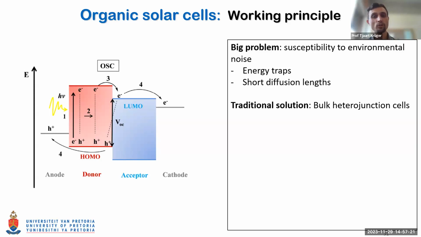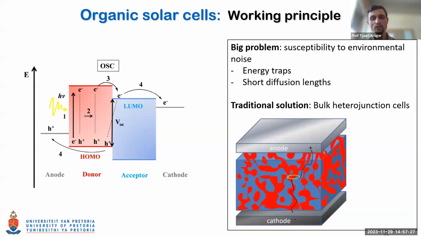So the traditional solution to overcome this problem is to make use of bulk heterojunction cells. And that is a case where the donors and acceptors form an interpenetrated network so that the exciton diffusion length is shorter than the distance between 2 interfaces.